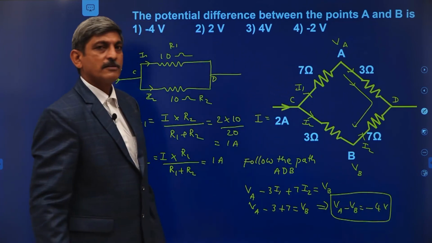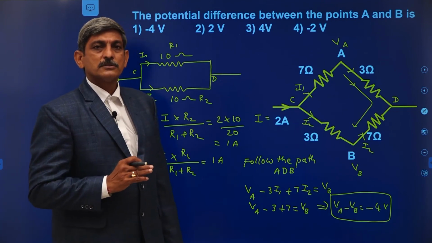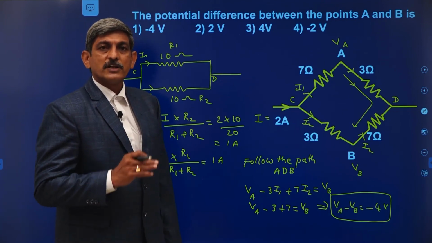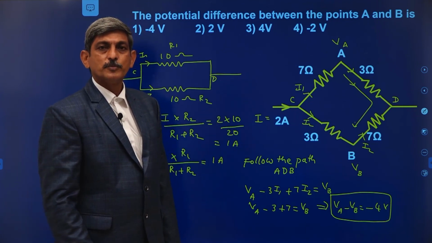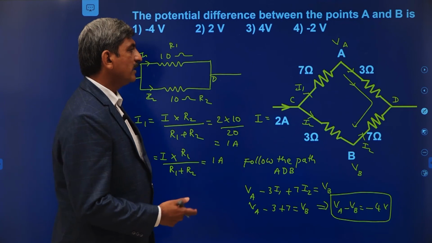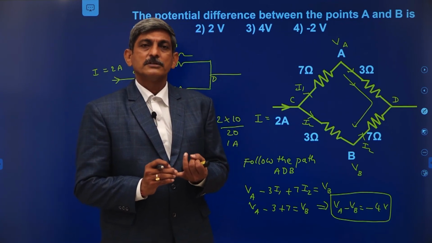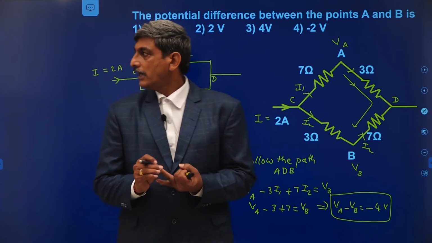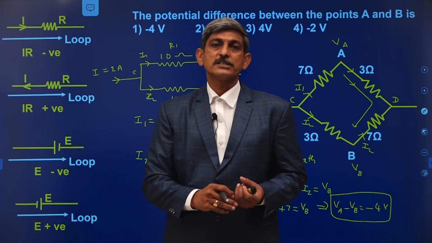So like this, for a path, by applying the proper rules, by using the Kirchhoff laws, we can determine the potential difference between the 2 points of a path. So I explained Kirchhoff's current law in brief, Kirchhoff's voltage law in brief, and the rules to be followed while applying Kirchhoff's voltage law.